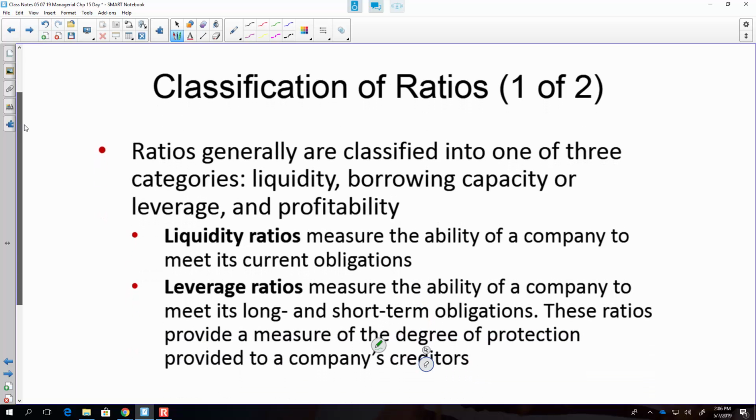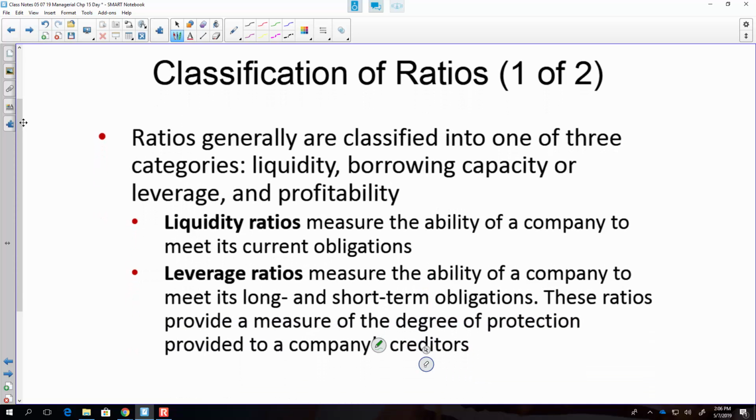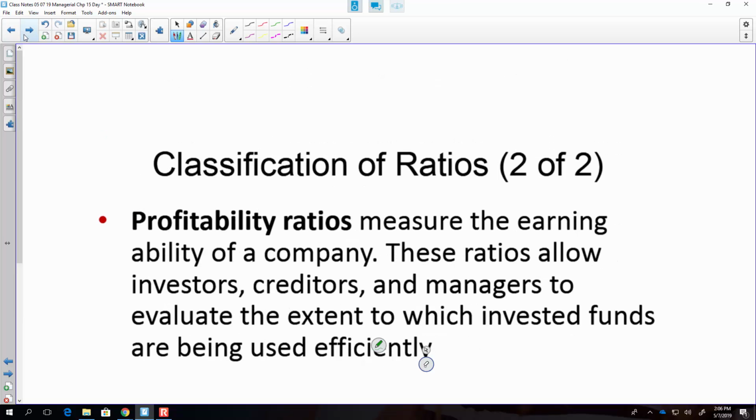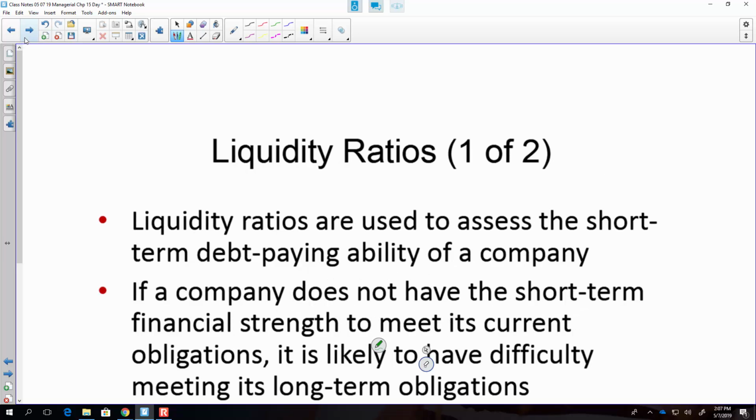So here is where our template or worksheet comes into play. Like the book, I organized our ratios into liquidity, leverage, and profit. So there's a small definition of each of those classifications. And then we're going to start with our liquidity.